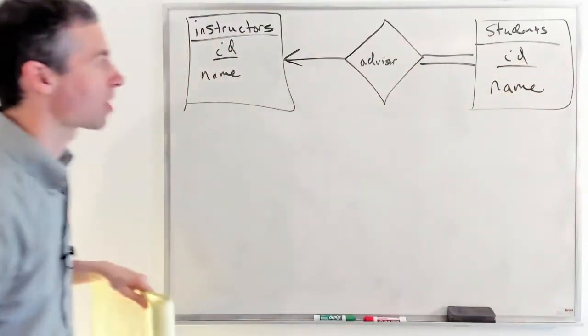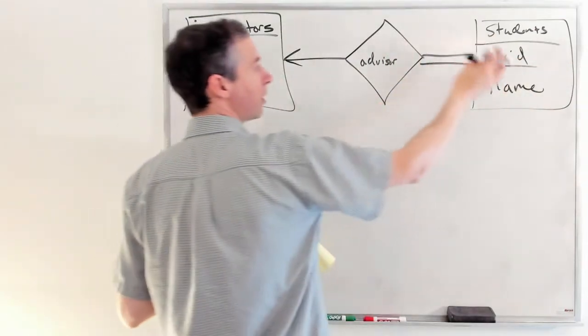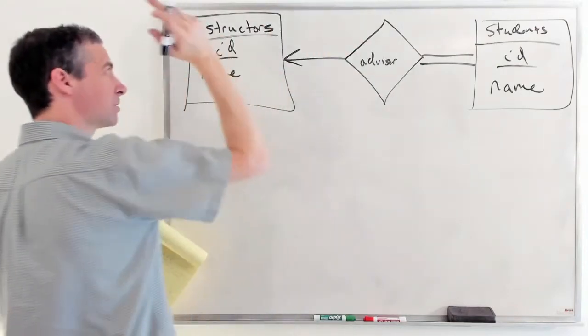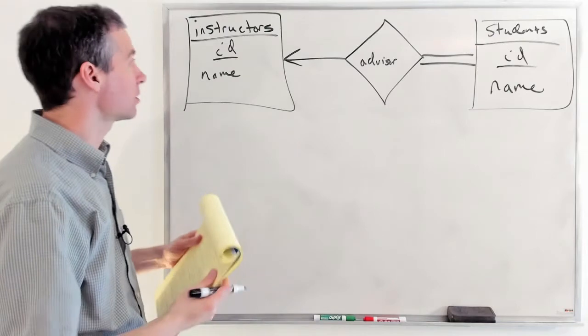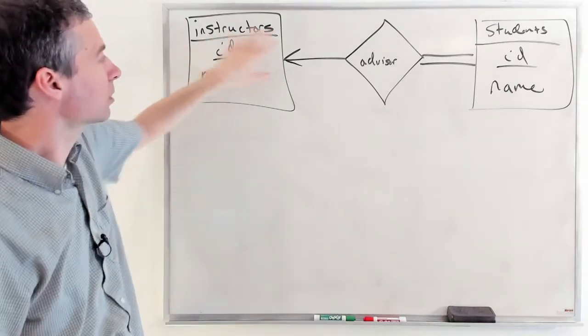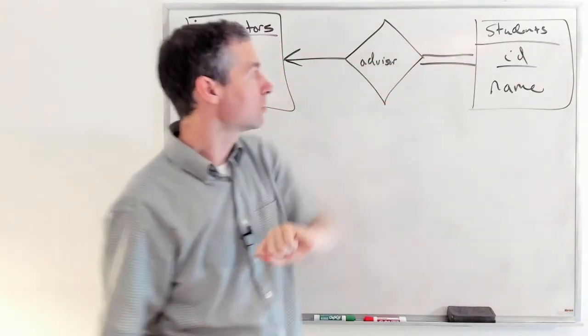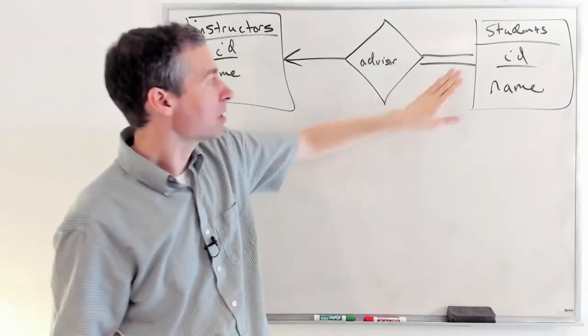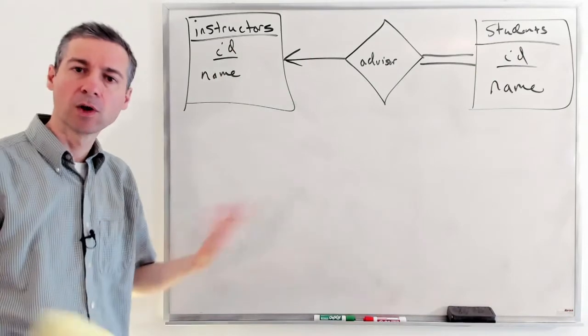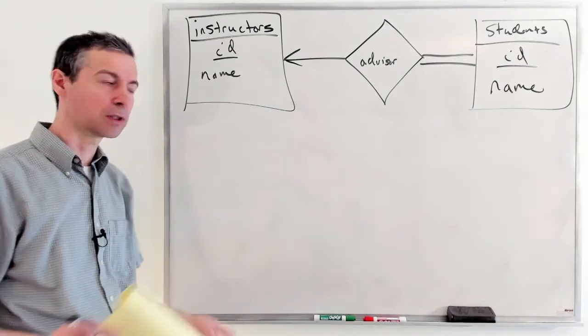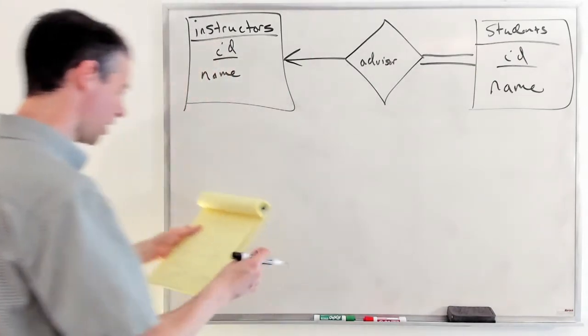Now every student in here must have one instructor. This is a one instructor to many students setup, and this is the many side. We've got total participation on the many side, and that tells us we should be able to get rid of one of our relationship schemas. So let's see how this works.